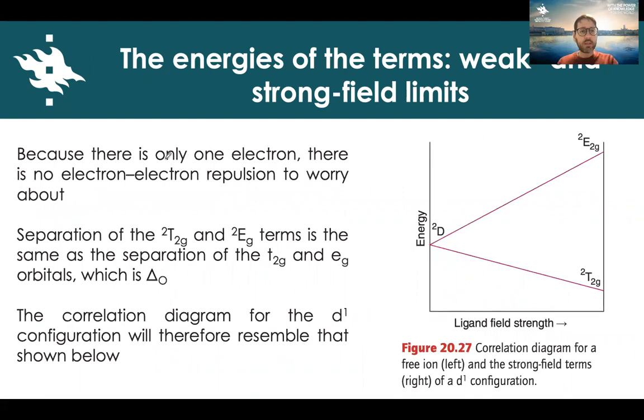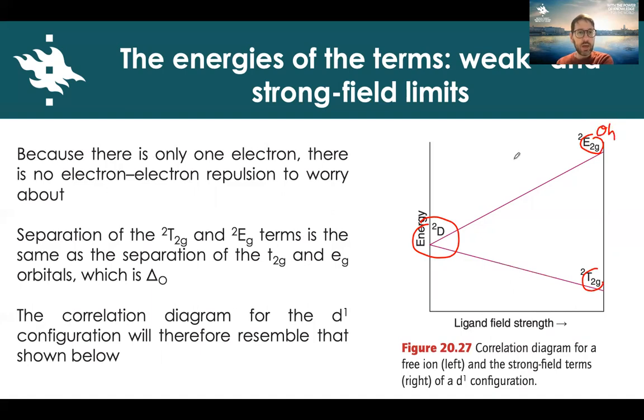Because in this case we have only one electron, there's no electron-electron repulsion to worry about. So here is the term in the free atom, and then this D term correlates to T2g and Eg terms in the octahedral scenario.